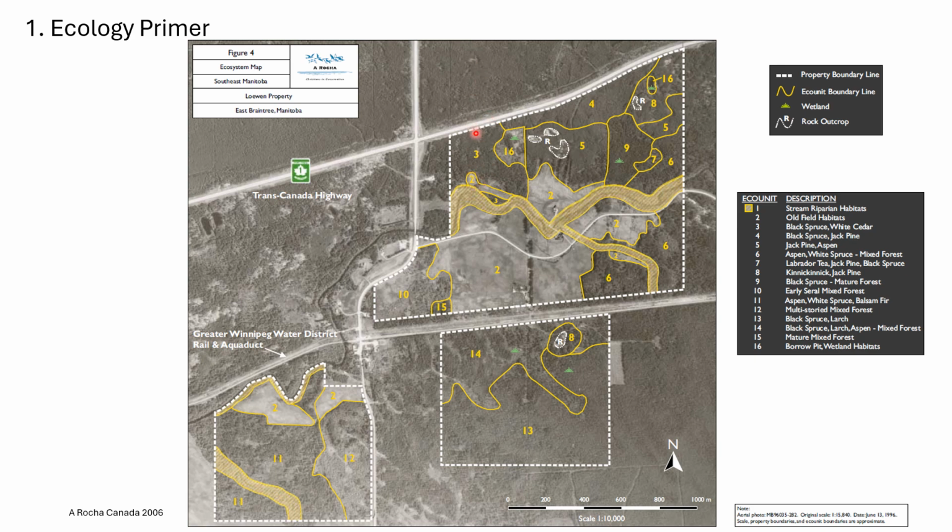Anyway, if we think about how ecologists study the different units, in this case they're using something called an eco unit. Is this an ecosystem? Is this a community? Is this a population? Well, we know it's not an individual. So let's look at eco unit number 9. I see it presented here, and the legend tells me that it's black spruce and it's a mature forest.